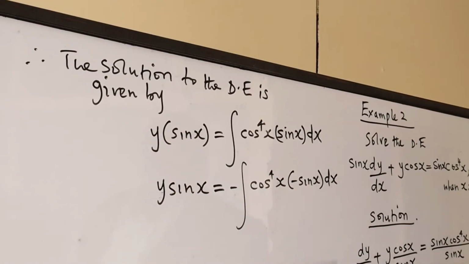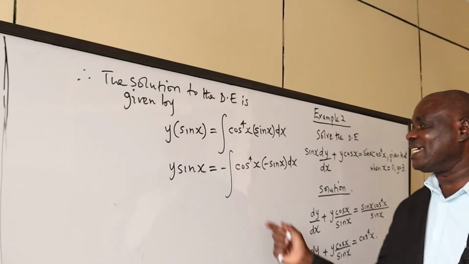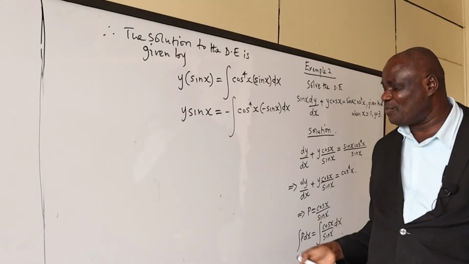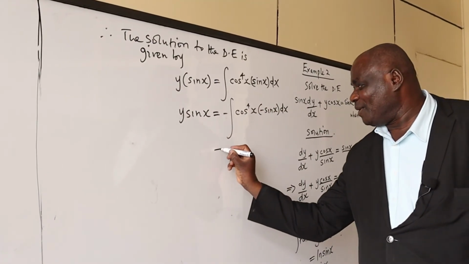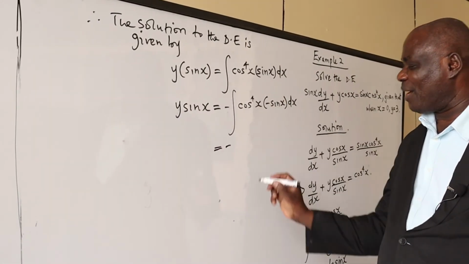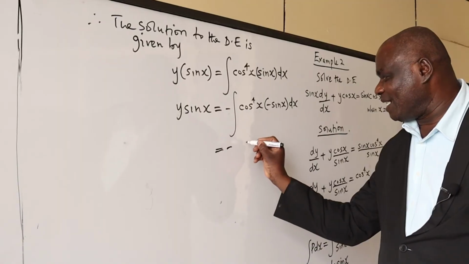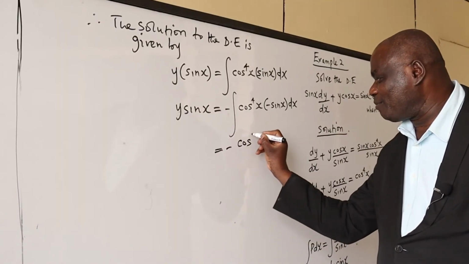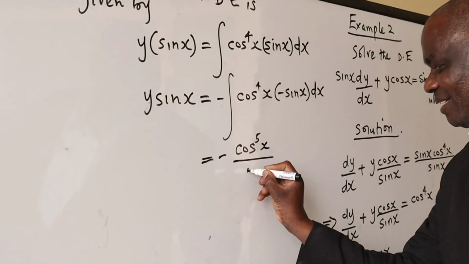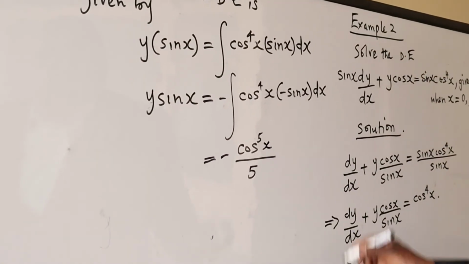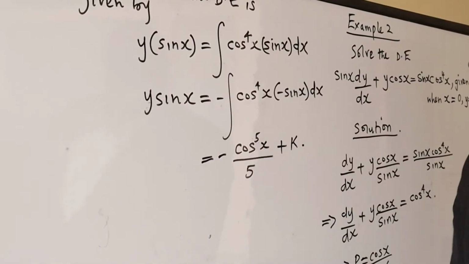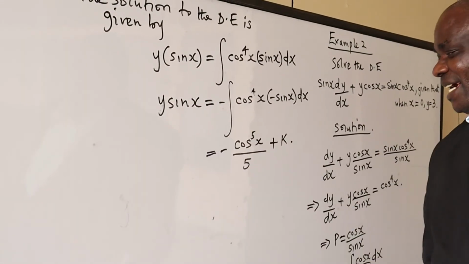But you are inserting it here so that it acts as a derivative of cos x, which is in a bracket here, raised to power 4. When we have such, we need just to raise this power by 1. So it will be cos to power 5 x all over the same value 5, now plus a constant of integration, which we can say k. That is why sin x times y is equal to that.